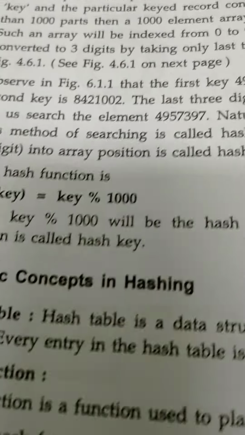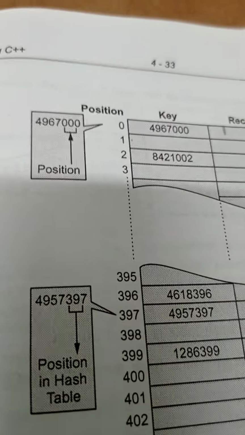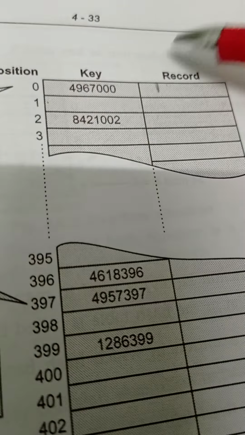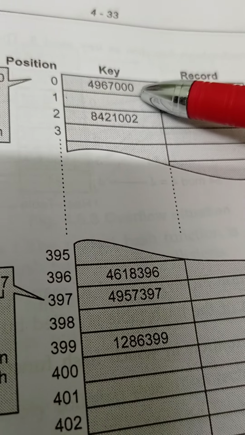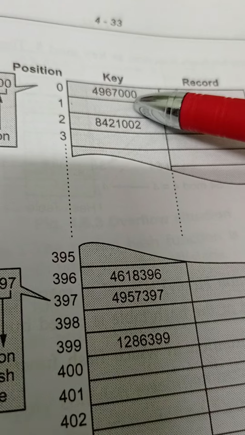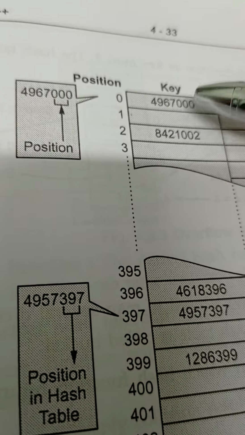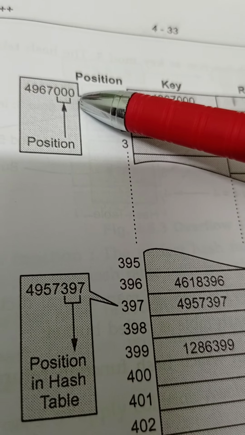Suppose, for example, this is the key, which means this is the data. We want to store this data in a memory location. In which location can we store it? Here you see the last three digits are 00.